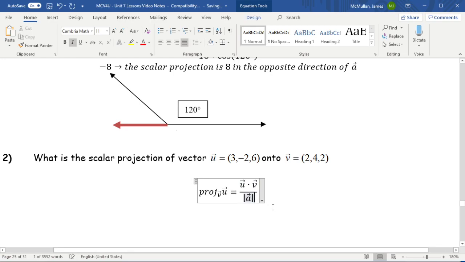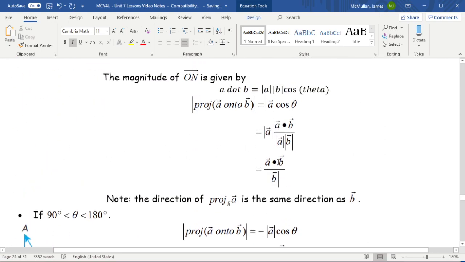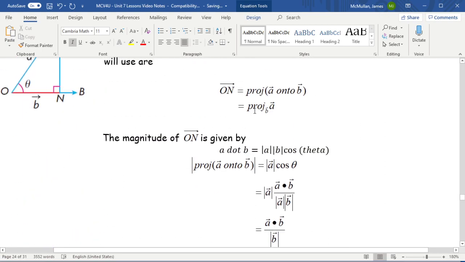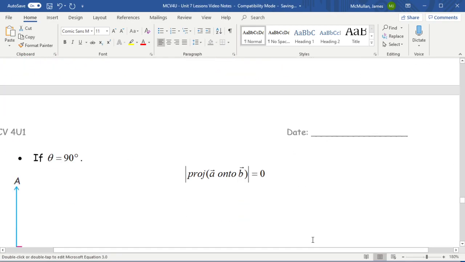Again, it doesn't matter which order you put those in. And then which one goes at the bottom is whatever one is in the subscript below, right? So just like up here, A is in the subscript because that's what we're projecting onto. That goes on the bottom. Over here, B is in the subscript because that's what we're projecting onto, and B goes on the bottom, right?